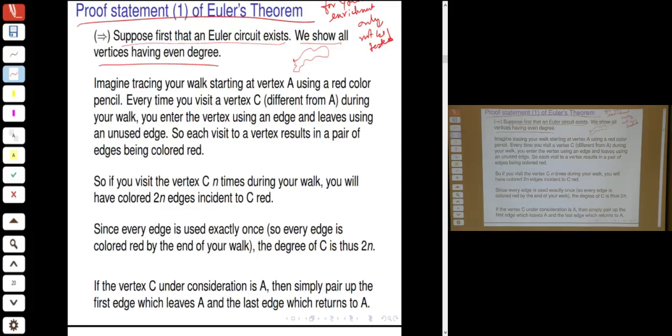Okay. So you are traversing your graph via this Euler circuit.